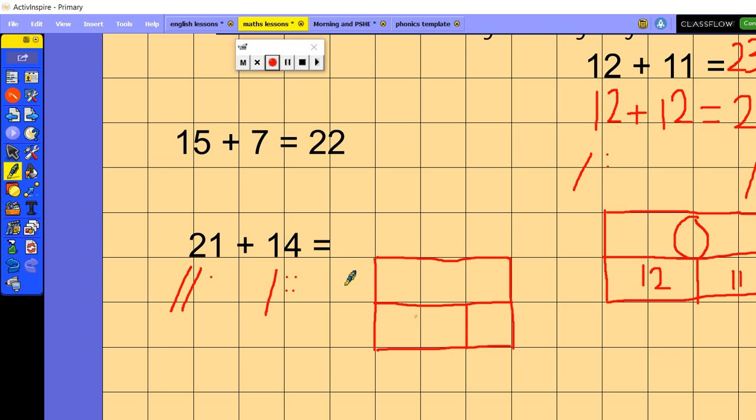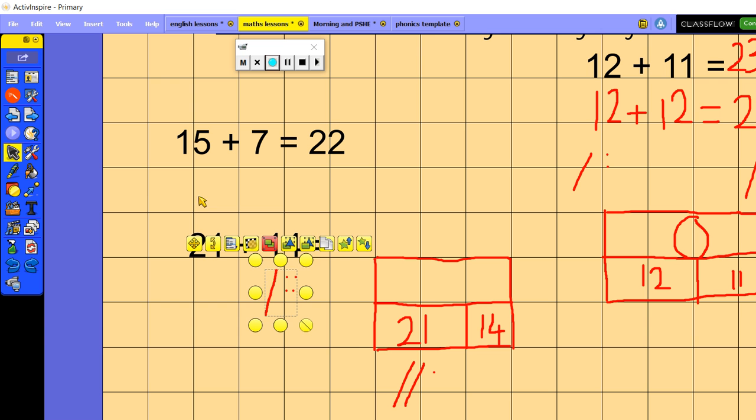So I'm going to put the number 21 in the larger side because I know the number 21 is larger than the number 14, which is going to go into the smaller side. And I'm also going to bring across my jottings that will help me as well. So I'm going to put my jottings underneath as well because that will help me to work out my total.